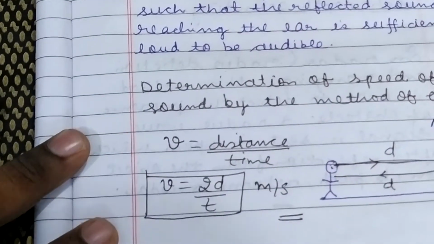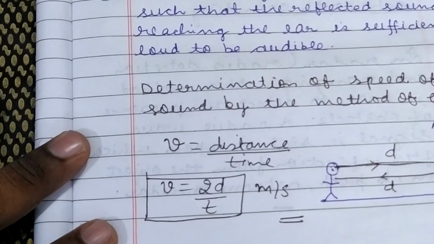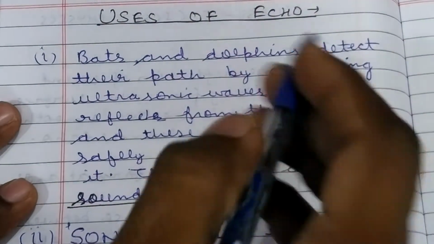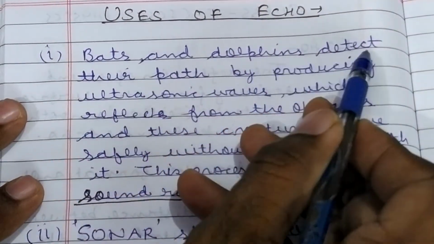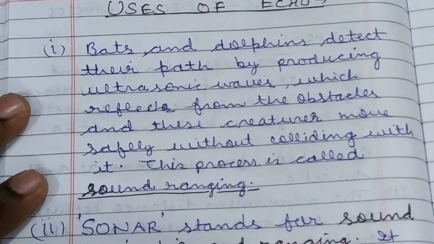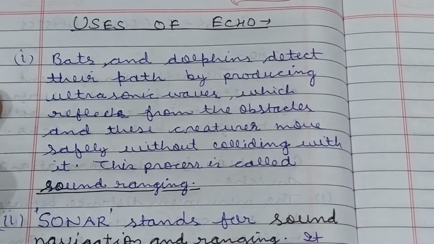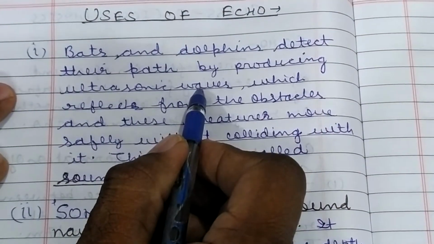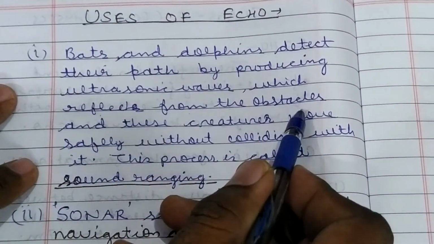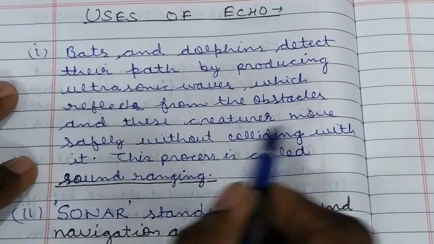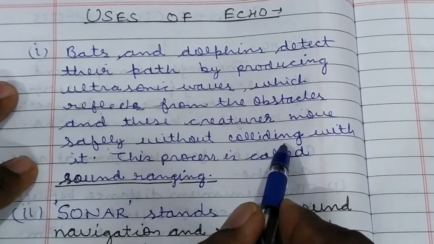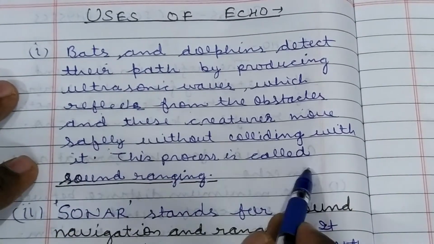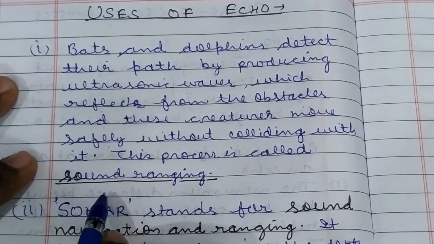Now we will discuss the applications of echo. Bats and dolphins detect their path by producing ultrasonic waves which reflect from obstacles, and these creatures move safely without colliding with them. This phenomenon is known as sound ranging.